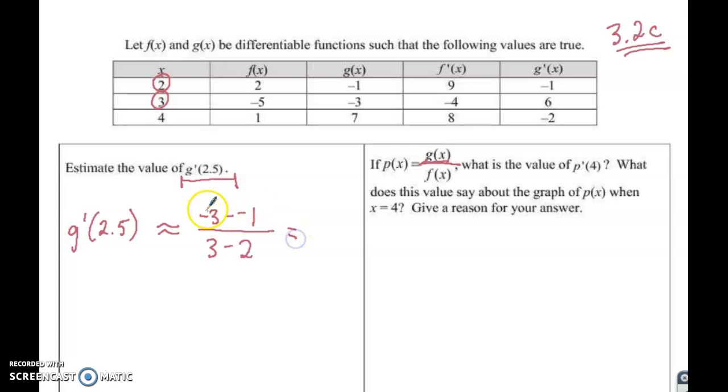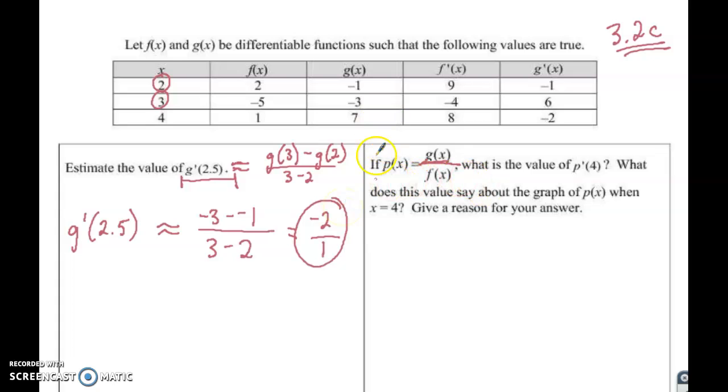So as you're looking at that, -3 plus 1 is -2 over 1. This is your approximation. I should mention that this is roughly equivalent to the difference quotient of g of 3 minus g of 2 over 3 minus 2. That's where I got those values from.